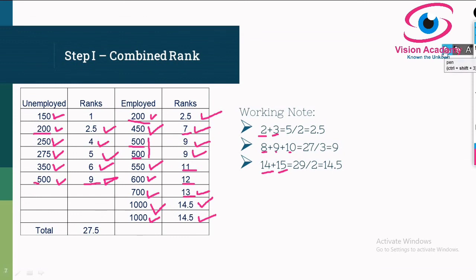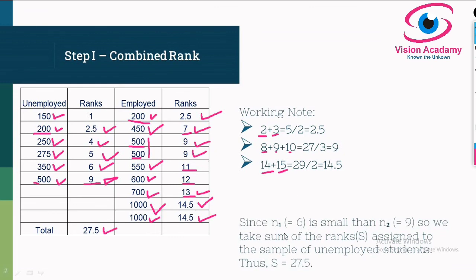After giving a combined rank, we have to sum up the ranks. So the unemployed combined rank sum is 27, and here I have not given any rank, that is, I am not going to sum here, because n1 is smaller than n2. In case of unequal sample sizes, consider the smallest sample size sum.